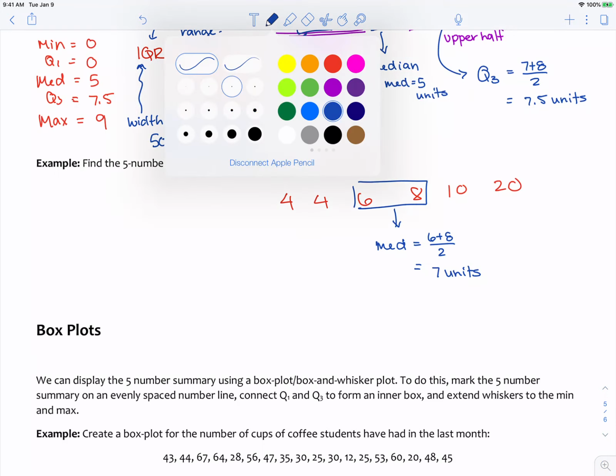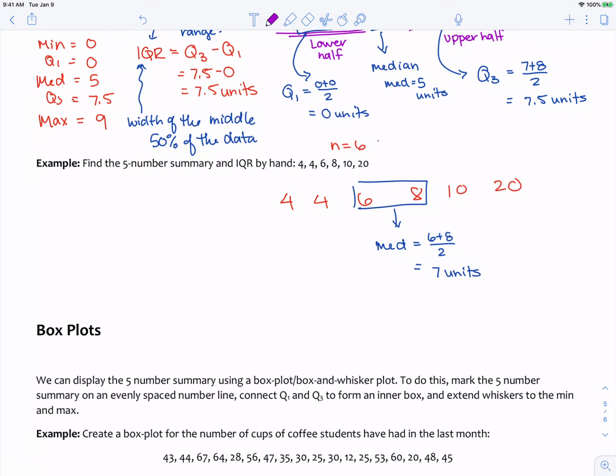Now, when we have an even number of data values, the upper and lower halves are going to have half of the data values, literally. So divide by 2 to find the size of the upper and lower halves.